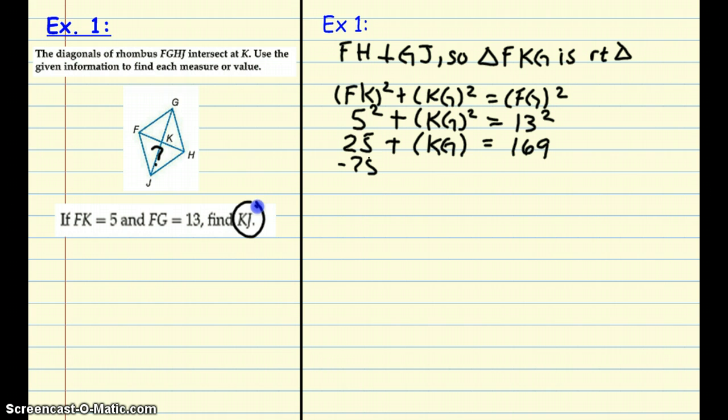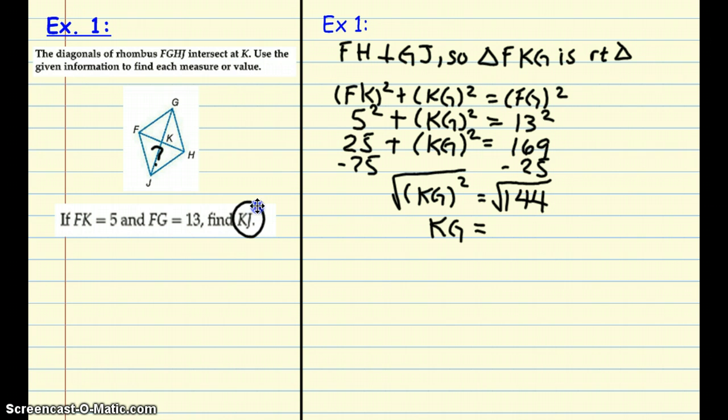Subtract 25 to get KG squared alone, equals 144. Then find the square root of both sides to find the length of KG is equal to 12.